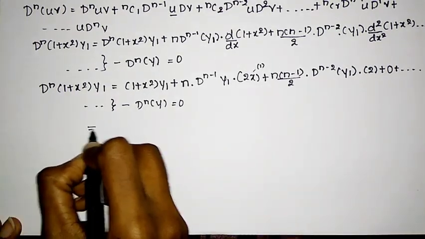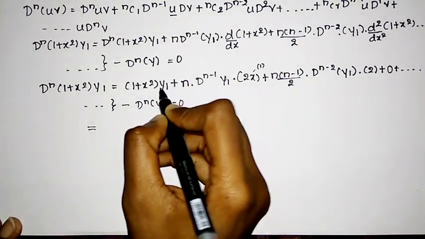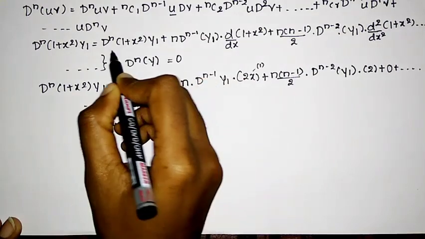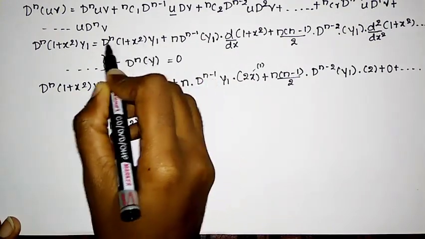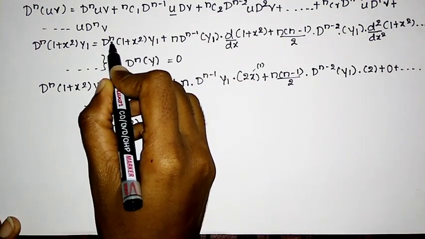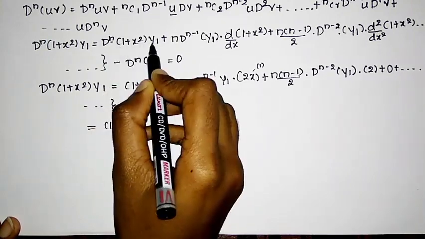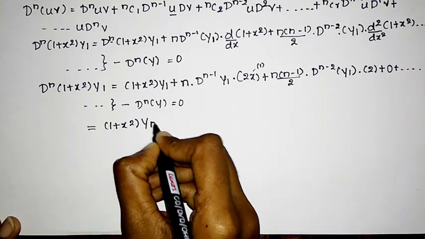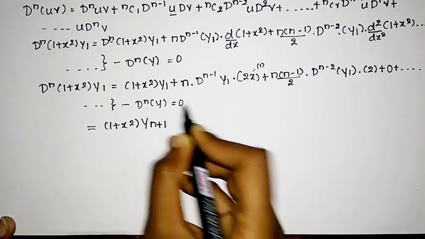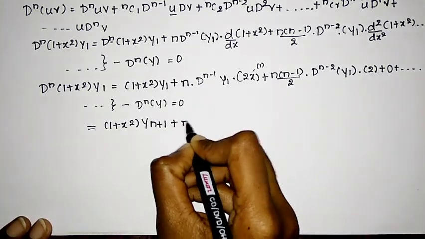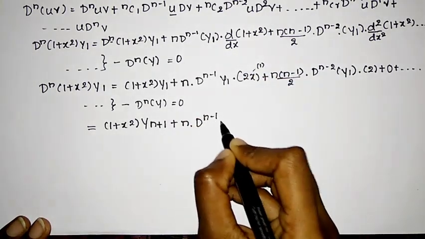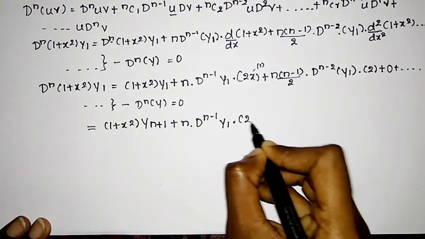So then we can write 1 plus x square into, we can observe that here we have the nth term, D raised to n and y1. For n and 1, we can write it as y(n plus 1). So y(n plus 1) plus n into D raised to n minus 1 into y1 into 2 into x.